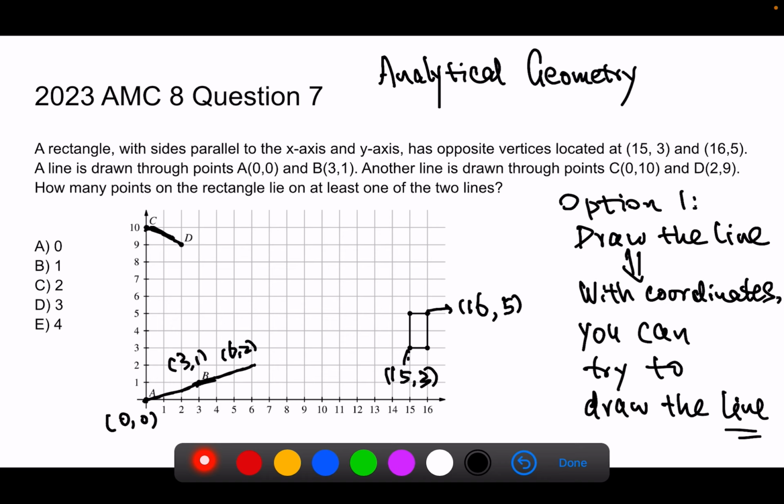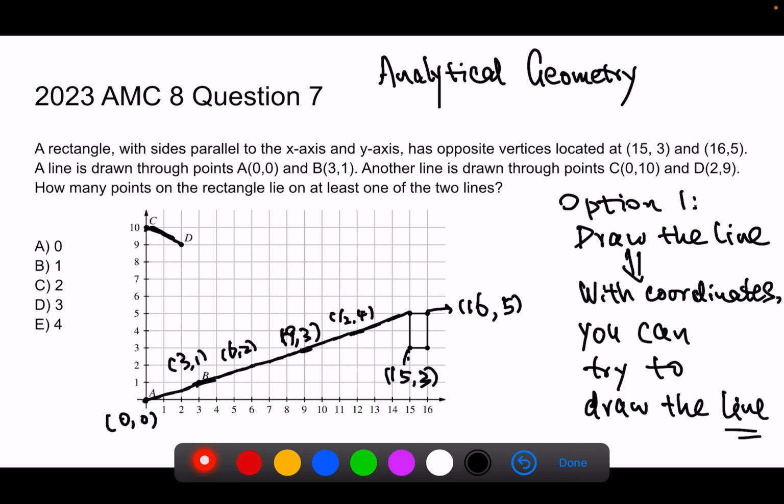And you can continue on. The next point is (9, 3). Because you have coordinates, you are able to make sure the picture is fairly accurate. Continue on and you will get to (12, 4). And then you will meet this point, which happens to be one of the vertices of the rectangle.